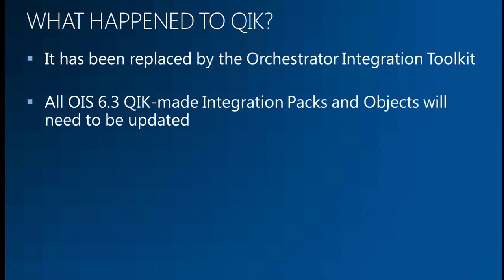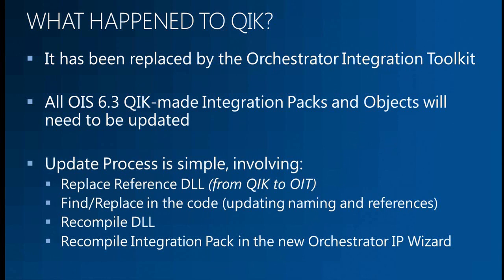You'll need to retweak naming and then re-release it as Orchestrator. The update process is simple. It involves replacing the reference DLLs from Kick to OIT, finding and replacing the code, updating naming and references because they changed from object to activity and so on, recompiling the DLL, and then recompiling the integration pack in the new Orchestrator IP wizard.